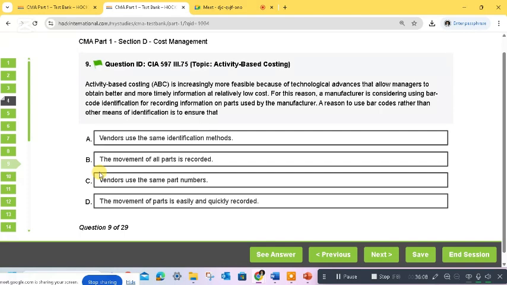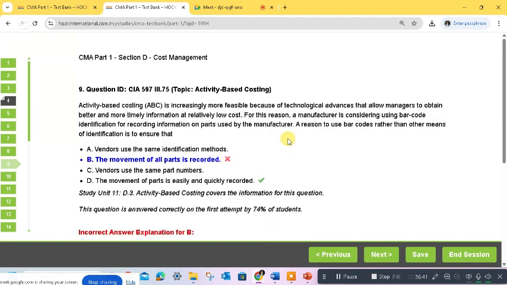A reason to use barcodes rather than other means of identification is to ensure movement of all parts is recorded. Easily, quickly recorded. All parts are recorded. But if you do manual recording, you are not going to record it. Okay, I'll go with your answer.